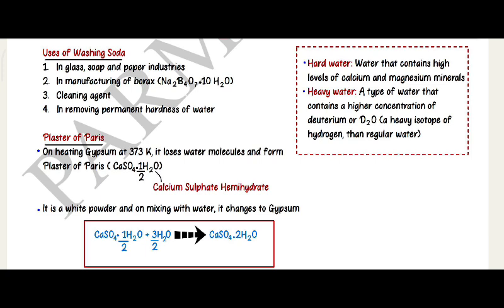Hard water is water that contains high levels of calcium and magnesium minerals. Heavy water is a type of water that contains a higher concentration of deuterium, D2O, a heavy isotope of hydrogen, than regular water.